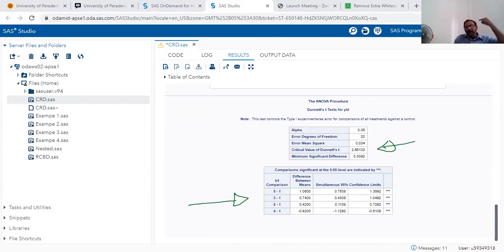So in your real experiment, if you are doing SAS and need to compare with control, you always have to enter the control first, as treatment 1.